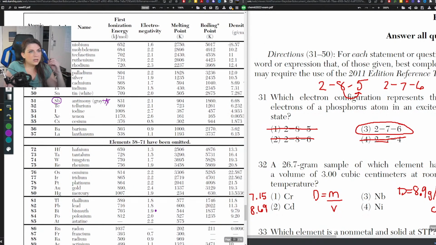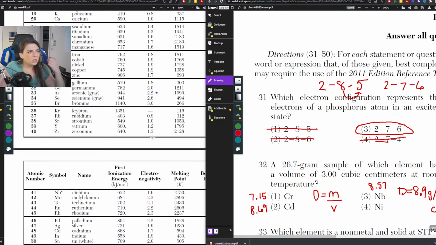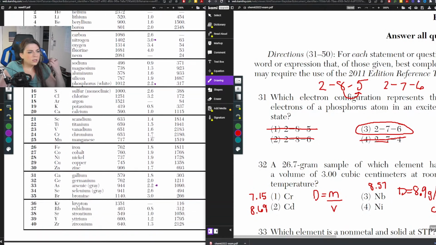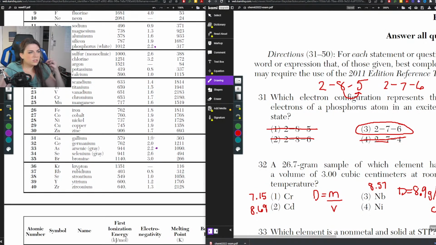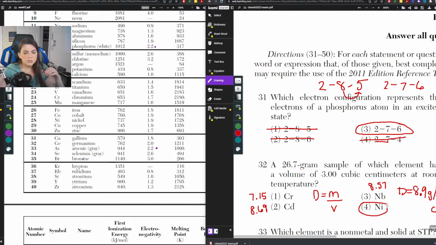The density there is 8.57. And then nickel is with the transition metals in that first row. And its density is exactly 8.90. So that is our answer.